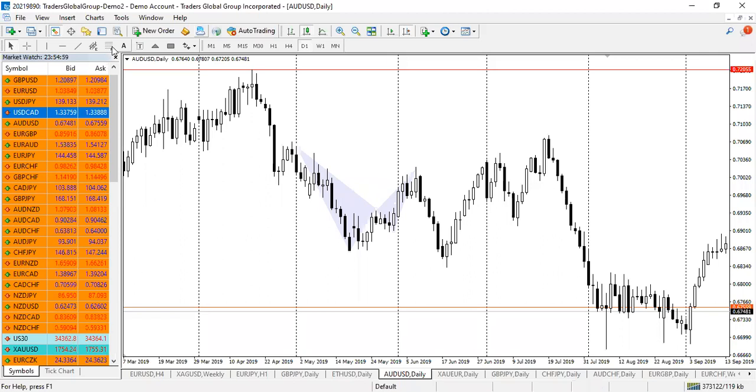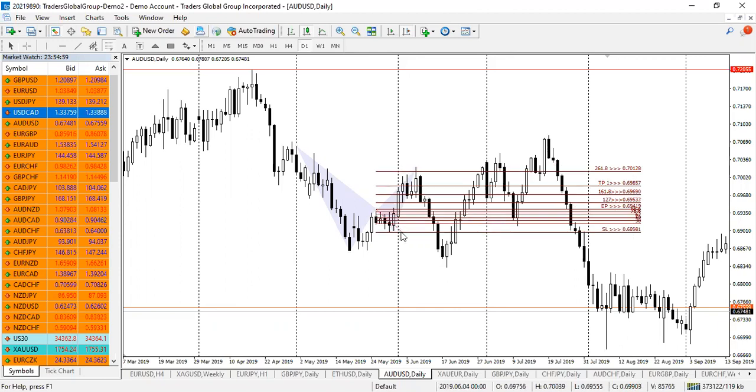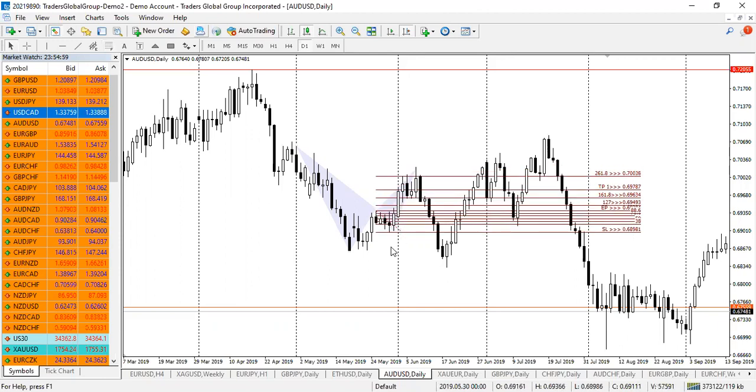Your next move will be confirmed from here, B to C, and let's see. B to C produces a 261.8 retracement. A 261.8 retracement is a bat, not a Gartley.